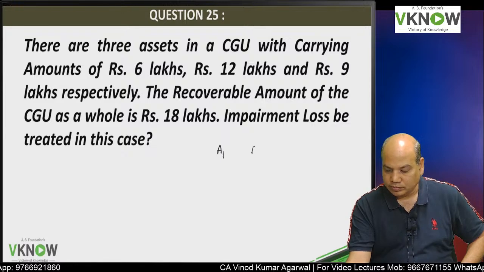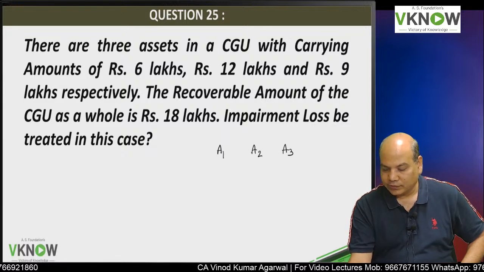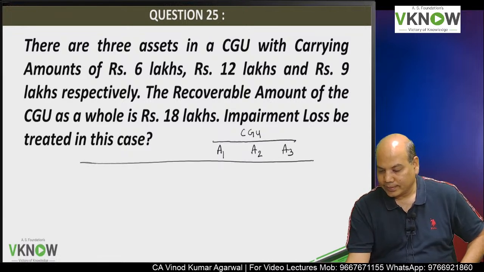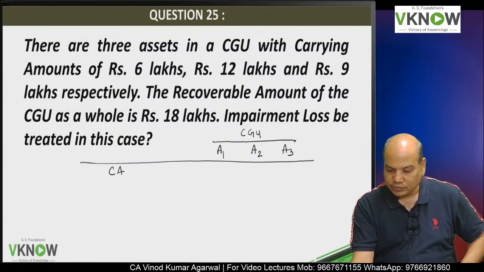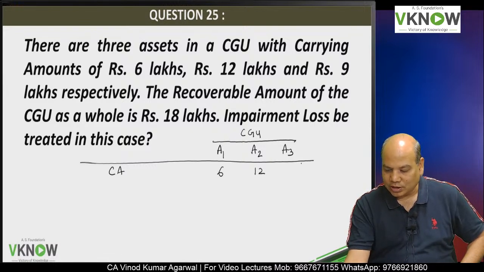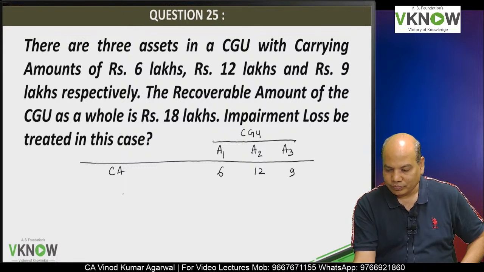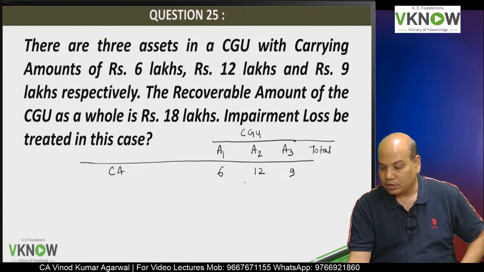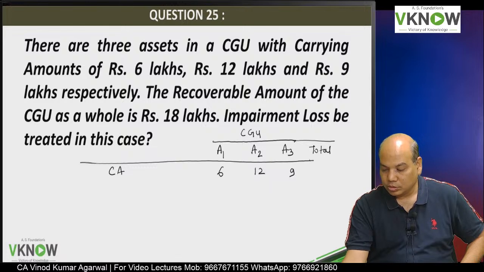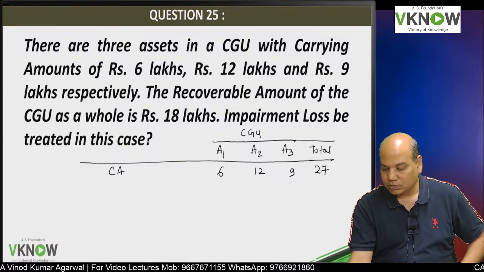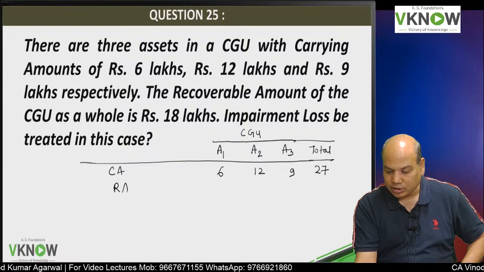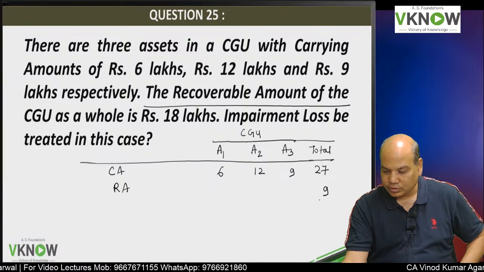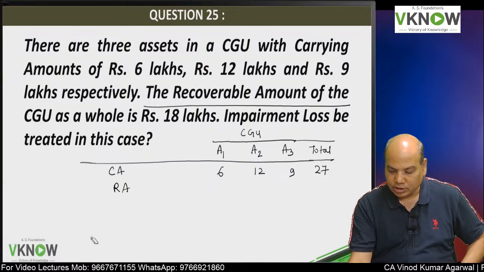So asset 1, asset 2, asset 3, under one CGU you have 3 assets, and the carrying amounts are 6 lakh, 12 lakh, 9 lakh, and the total will be 27. Recoverable amount is 18.